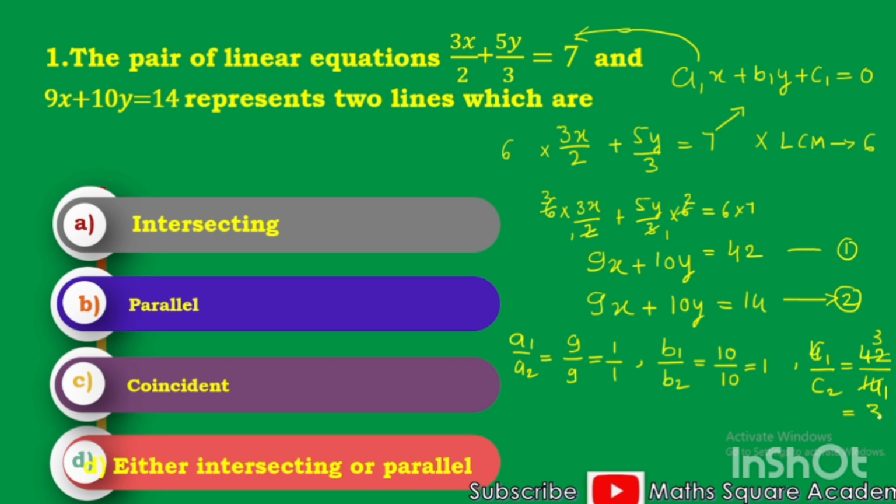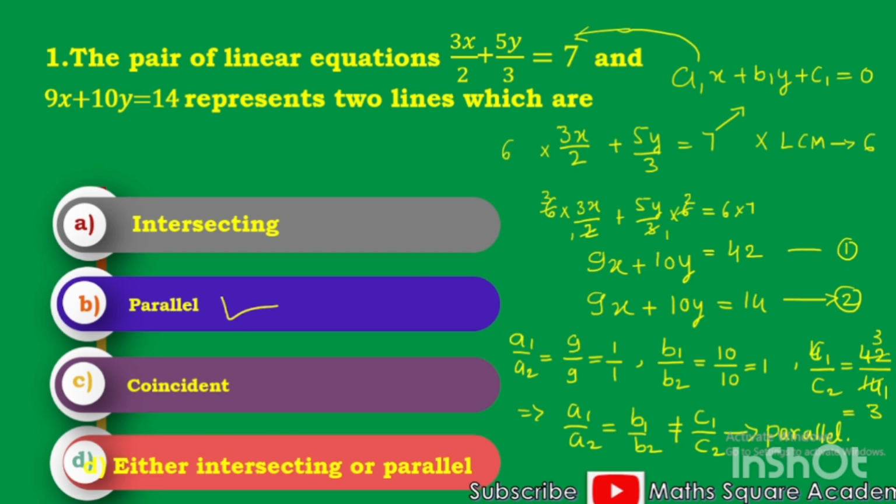So from this you can see that a1 upon a2 is equal to b1 upon b2 is not equal to c1 upon c2. This is the condition for parallel lines. So option B is the right answer here. In this way you are going to solve the pair of linear equations.